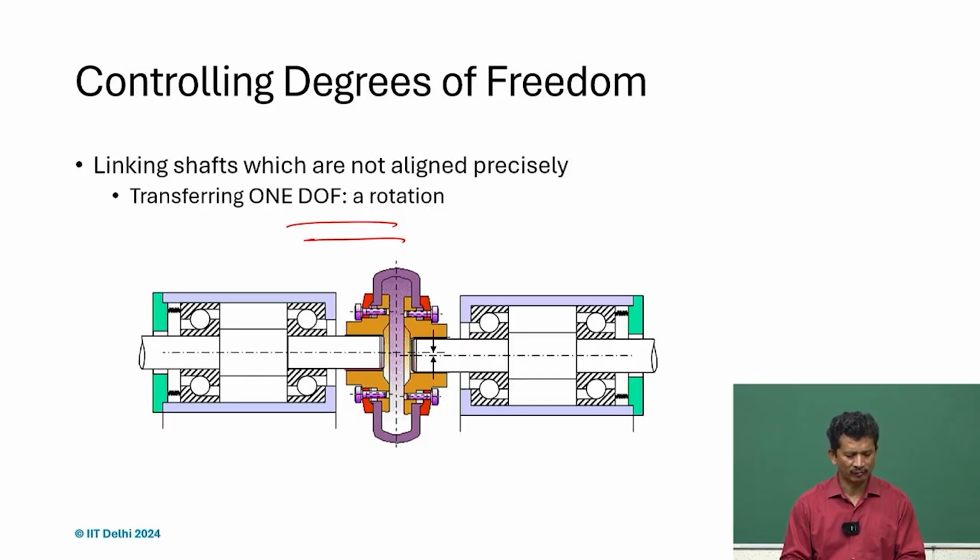So, a very common application where we want to rotate one component with respect to the other, and when we are looking for applications where we have to point devices, we have to rotate precisely, and sometimes these numbers can be very small, maybe of the order of arc seconds.